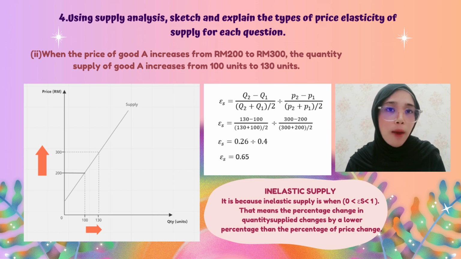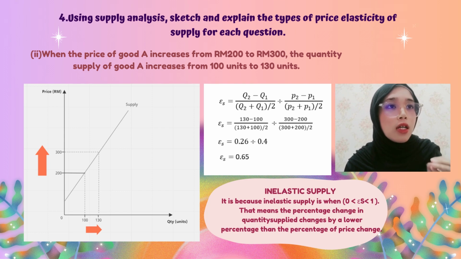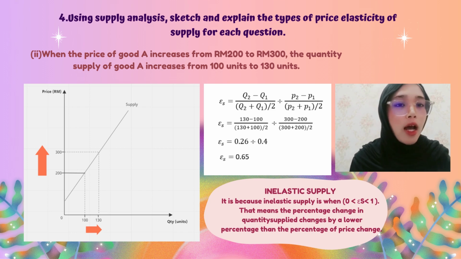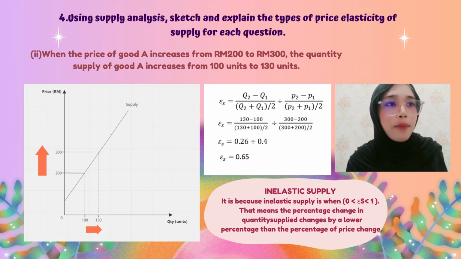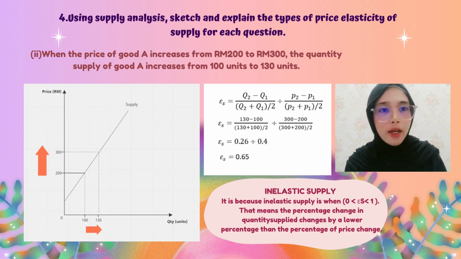Then for the price we apply P1, which is 200 ringgit, and P2, which is 300 ringgit. So I just apply and calculate. The final answer is 0.65. So that means the type of responsiveness is inelastic supply. It is because inelastic supply is when the value is between 0 and 1. That means the percentage change in quantity supplied is lower than the percentage change in price. So the graph will look like a steeper slope of the supply curve.